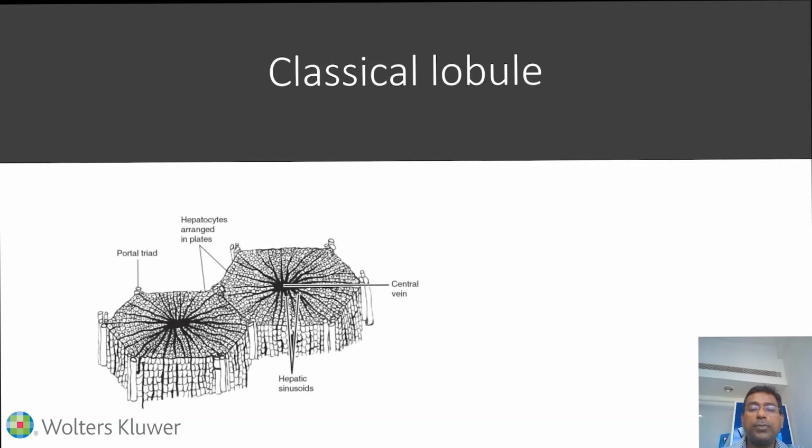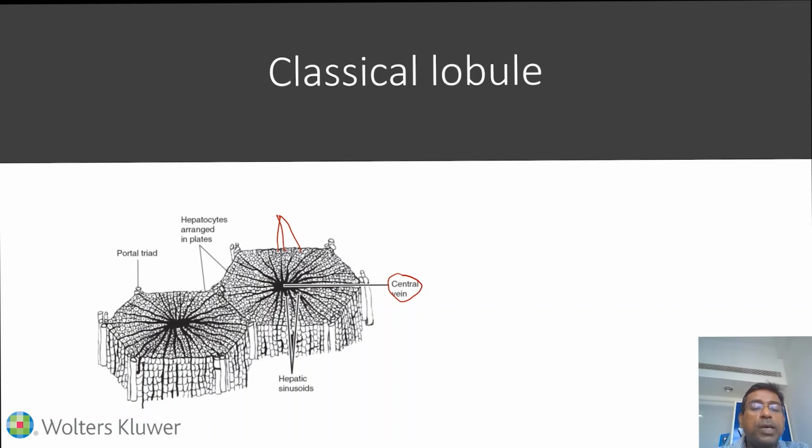So that is 1, 2. There are 2 classical lobules here. In the center is the central vein, and surrounding the central vein, all these are plates of hepatocytes. They are arranged so that they appear radiating from the central vein.